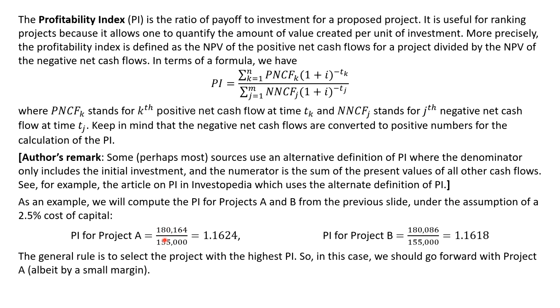So for this example, we only had one negative net cash flow, and that was the initial investment. And then we do the same thing for B, and we divide and we get two different PIs, and A is a little bit higher. So again, we choose project A because it has a higher PI.